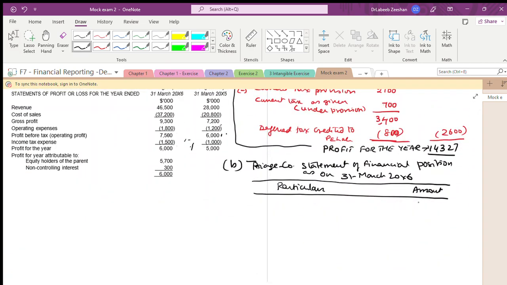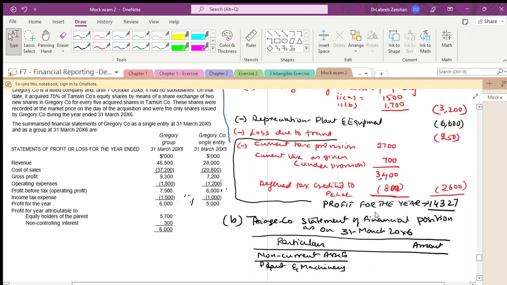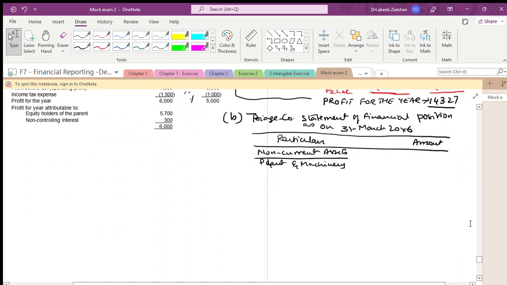Now, non-current assets. Is it right? Plant and machinery. How much is the plant and machinery? Plant and machinery is 37,400.